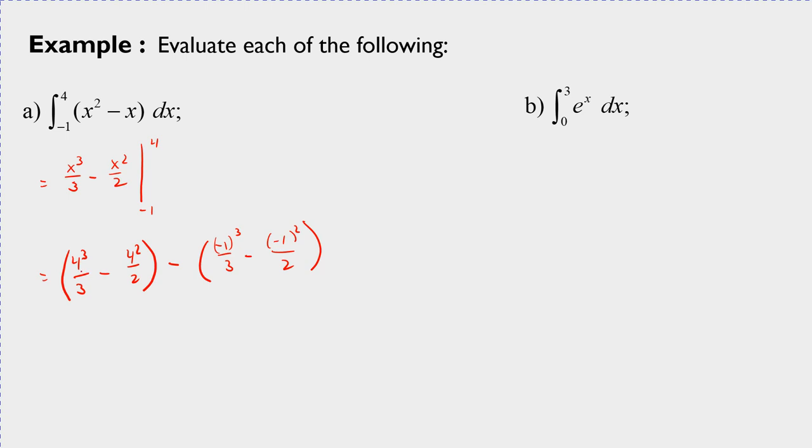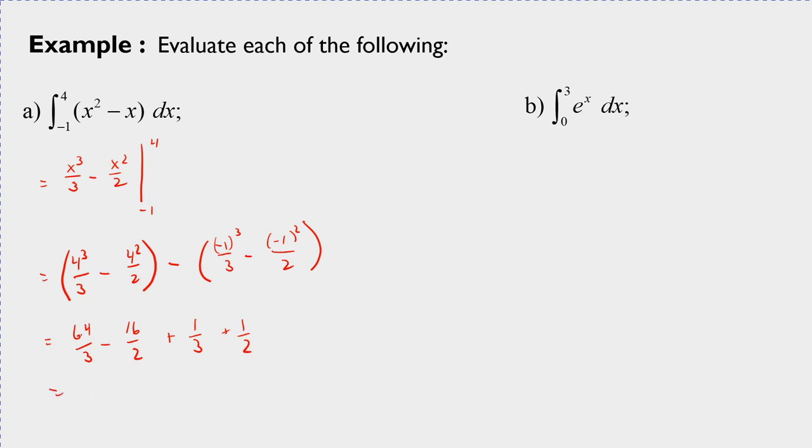Well, 4 times 4 is 16. 16 times 4 gets me 64 over 3 minus 16 over 2. Again, minus 1 cubed is -1, and then minus again. So it gets me plus 1/3. And then -1 squared is 1 over 2, minus, so plus 1/2.